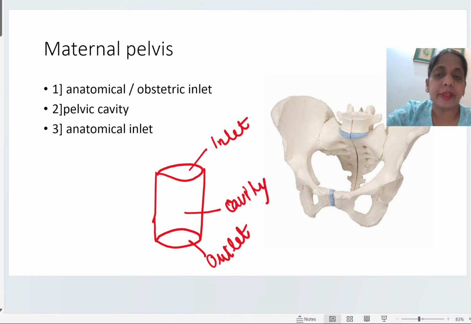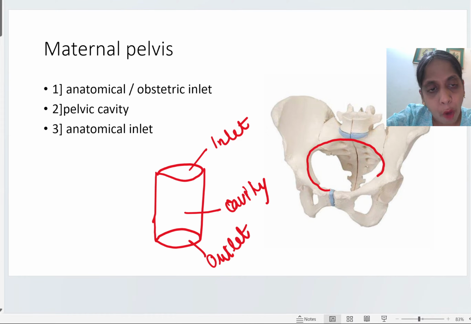In the similar way, the maternal pelvis also has three parts. This is the inlet, I'm drawing the inlet now. This is the inlet of the maternal pelvis.